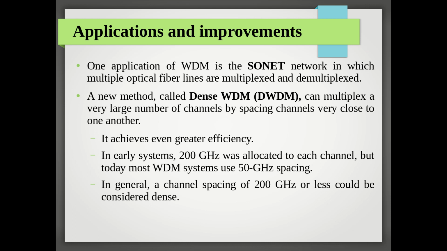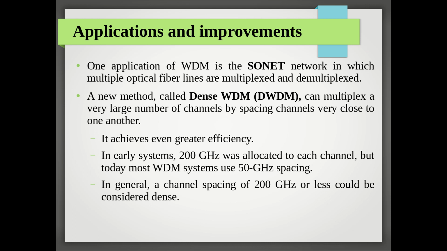So right now we have achieved channel spacing even up to 50 gigahertz. But in general, a spacing of 200 gigahertz or less is what we call dense. Even 50 is definitely dense. So the threshold value is taken to be 200 gigahertz. Whenever you are combining different signals into a common carrier, maybe an optical carrier or somewhere else, I hope you are clear about the concept of channel spacing.